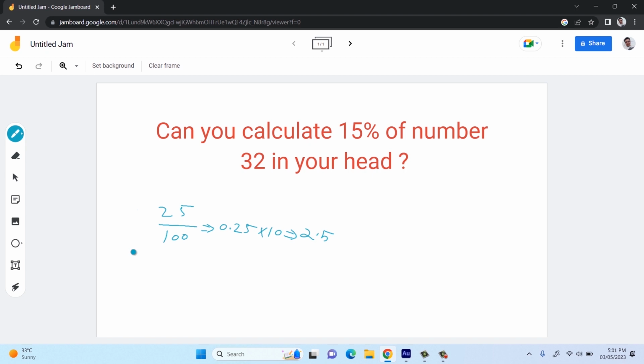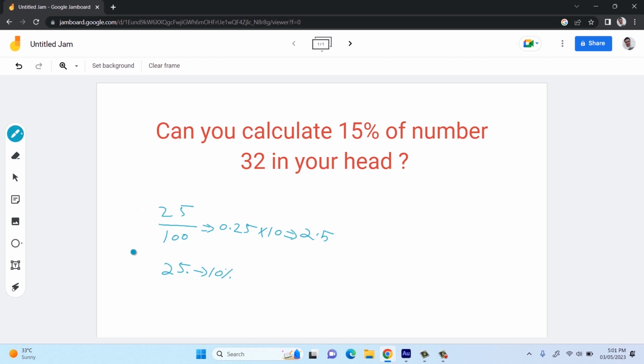So let's just see the same number 25, and if you want to calculate 10% of number 25, what we can do is all the numbers have a decimal over here, right? So after the end of every number, we have a decimal.